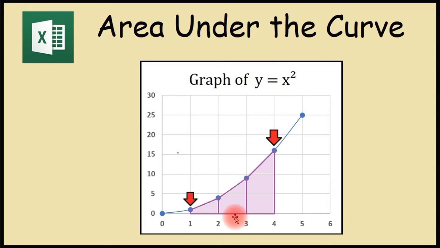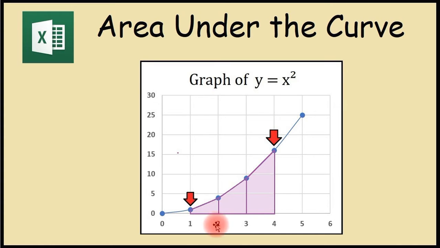And this shaded portion is the area under the graph. Now, if we ask a question, if x ranges from 1 to 2, what is the area under the graph from 1 to 2? This particular area is the area under the graph when x ranges from 1 to 2.